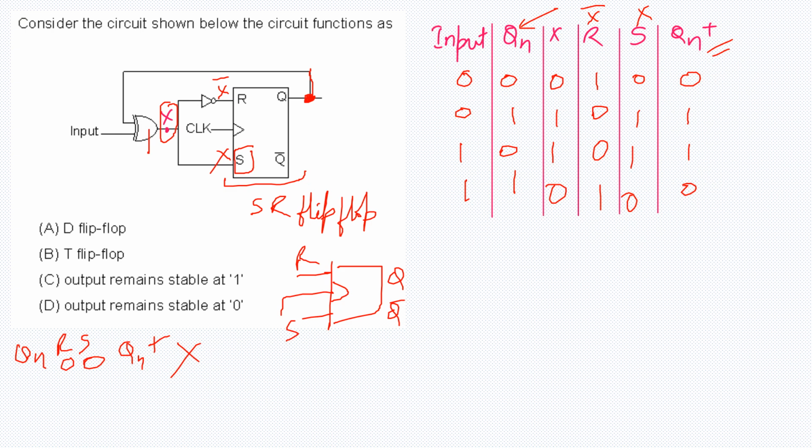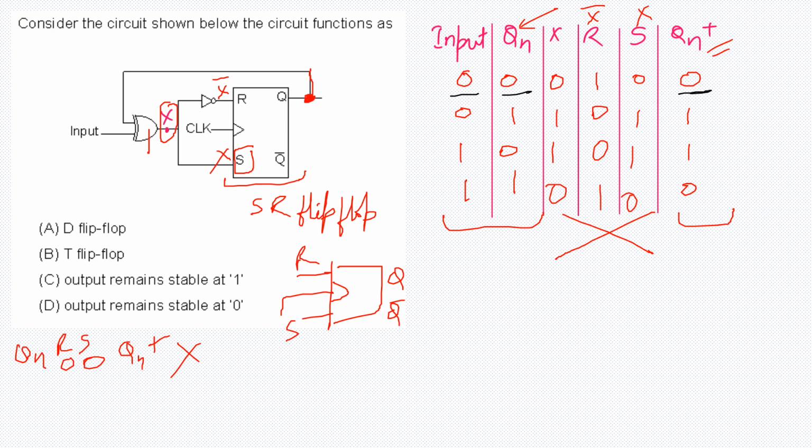Now that we have the future state, we will only compare the input, the present state, and the future output. These three columns we have to take care of, and we don't need the intermediate things; they were just to see how this circuit is behaving. When the input is 0 and your present Qn is 0, then your future Qn will be 0.